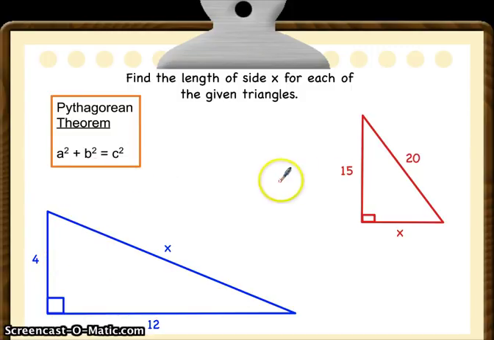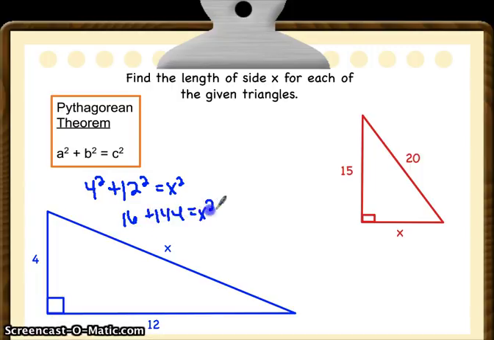So for the blue triangle, over here at the left, first of all, we're going to say 4 squared plus 12 squared. The two legs of your triangle adjacent to the 90-degree angle are equal to your hypotenuse squared. So x squared on the right side. 4 squared is 16 plus 144 equals x squared, which means x squared equals 160.